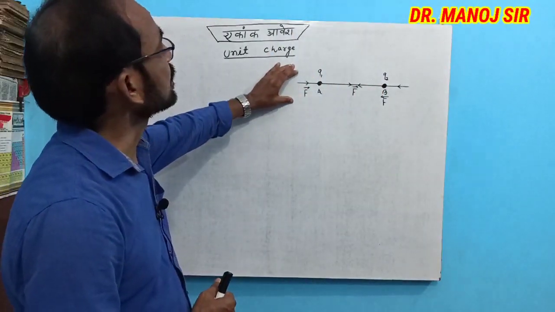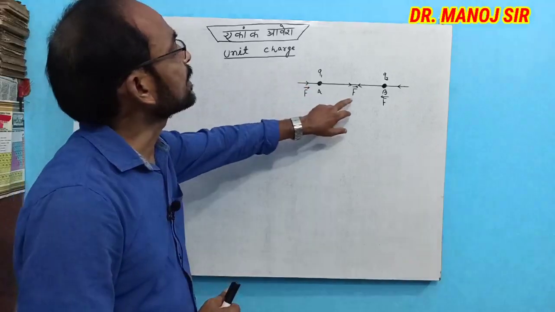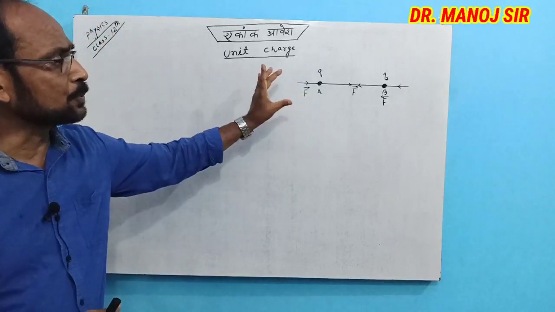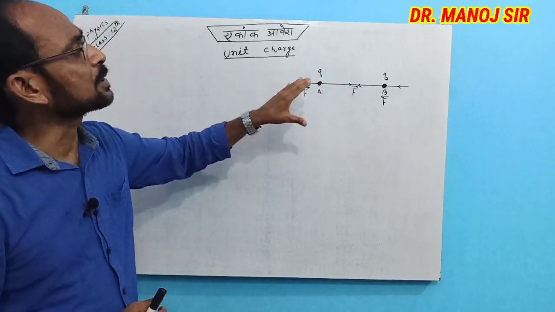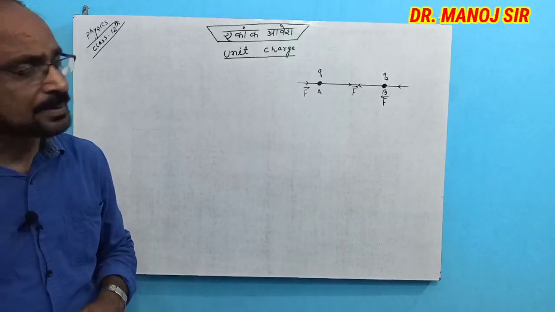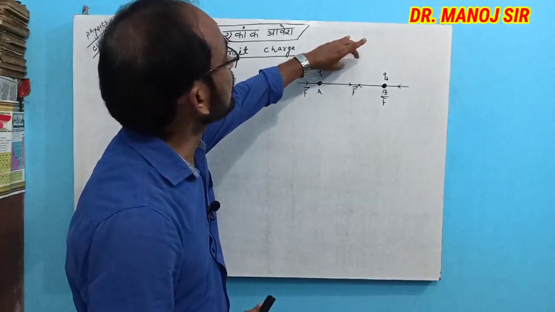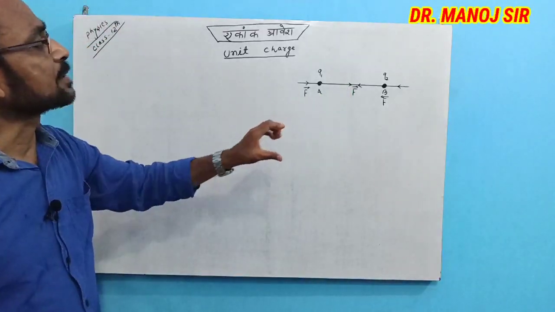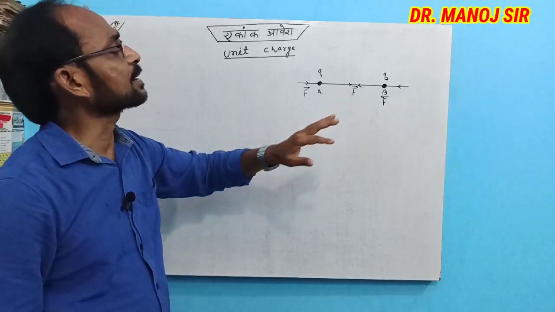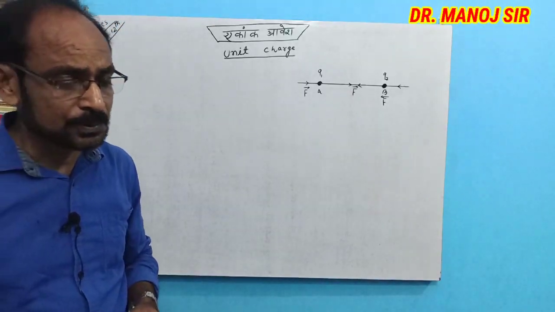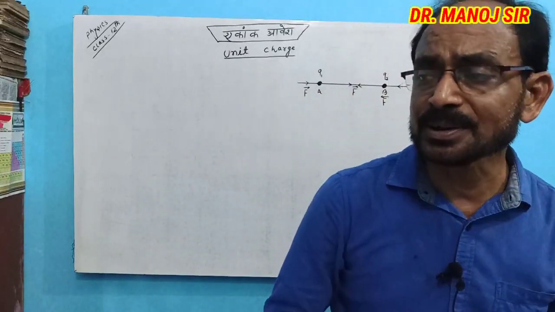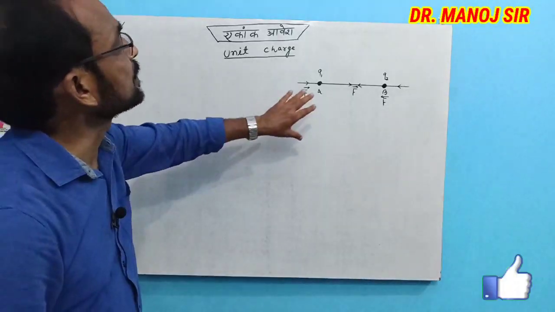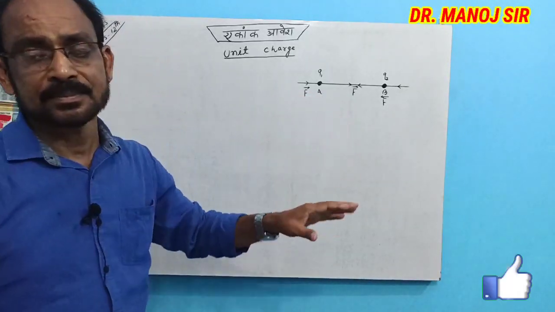Consider here A and B, the 2 points on which Q1 and Q2 both are the similar charges, are situated. Between the both charges F force is acting, which value is 9 into 10 to the power 9 Newton, that can be established.